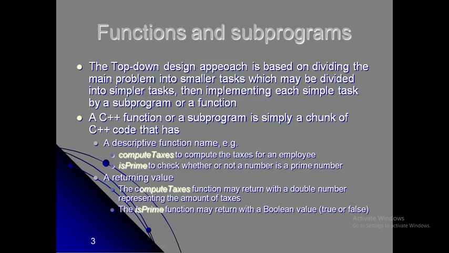It is about dividing the main program into smaller tasks, which may be divided into simpler tasks. The large program can be split into small subblocks, each and every subblock executed individually, and each and every subblock or function does a specific task.